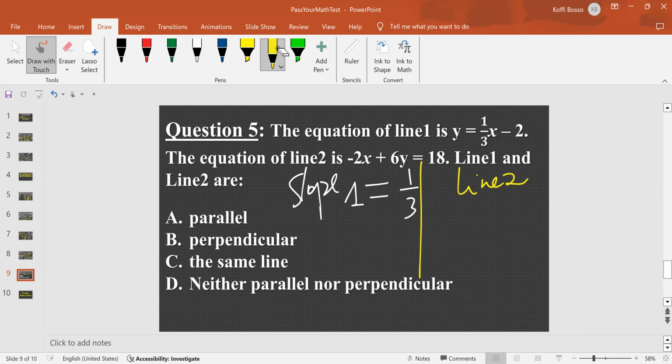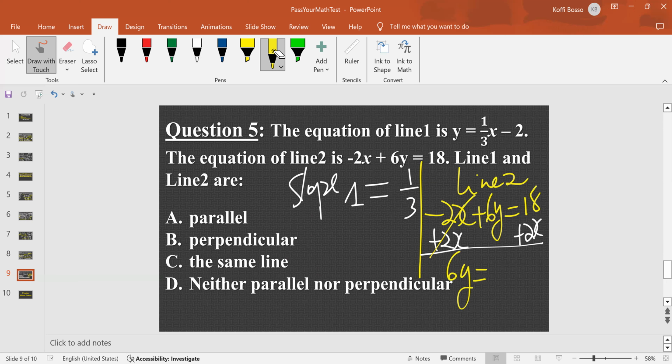But line 2, they say negative 2x plus 6y is equal to 18. Therefore, I will add 2x. I'm doing this to solve for the slope because I want to rewrite the equation in y equals mx plus b form. So add the 2x on both sides, and you're going to see that we get 6y is equal to 2x plus 18.